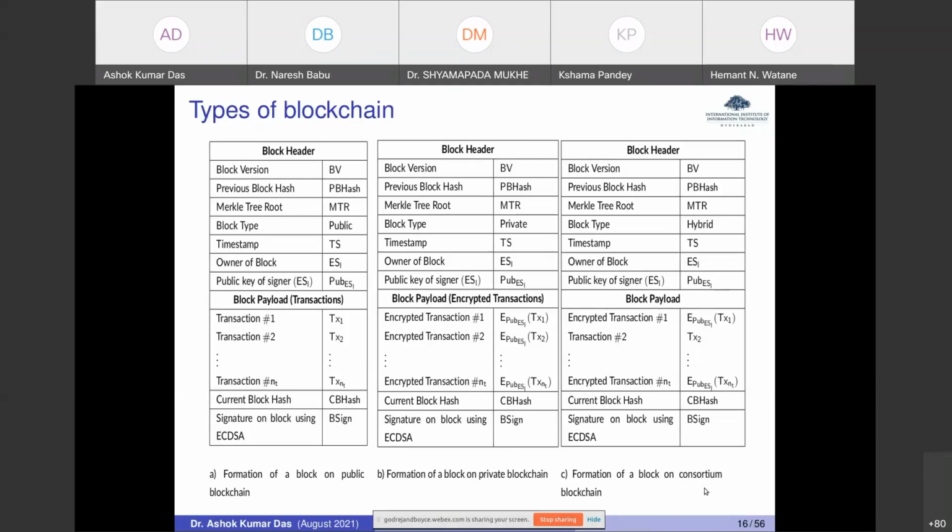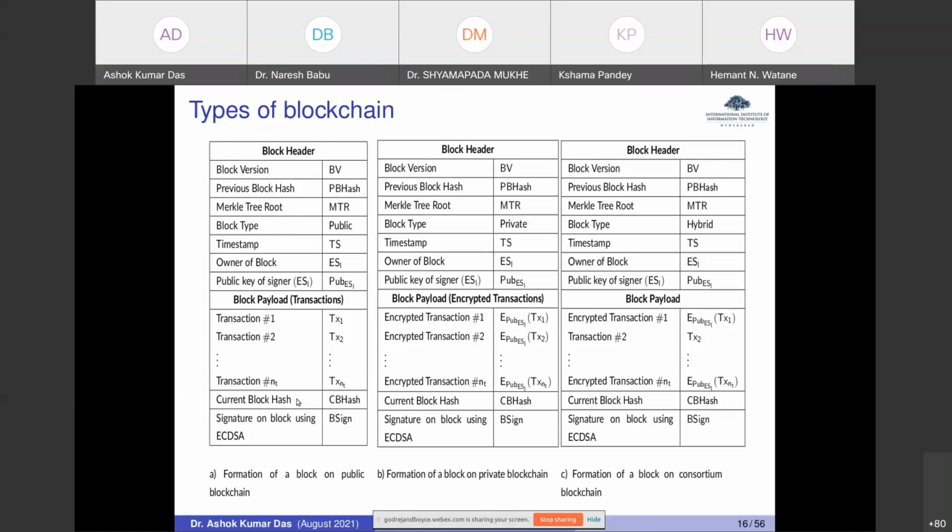One thing to notice is that in this scenario, the verification of a block takes place at three levels. The first level is known as the Merkle root verification. First, the Merkle root is calculated on the transactions present in that block. If the Merkle root verification passes successfully, then we go for the verification of the current block hash. Again, we recompute the hash of the block header and block payload.